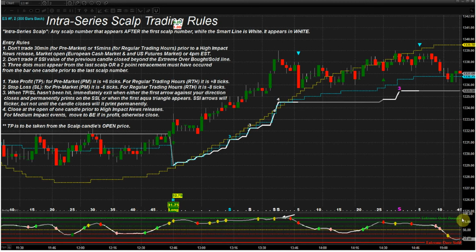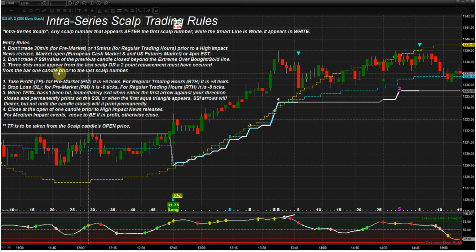Don't take that trade. The value for the extreme overbought is 88, and the value for the extreme oversold is a value of 12. So if this prints at 88 or at 12, don't take any trades on the Intra-Series scalps.